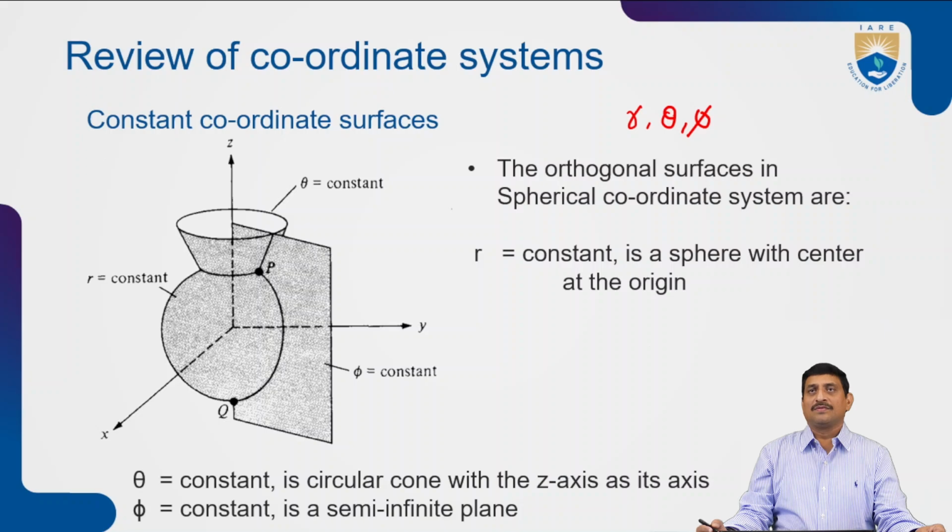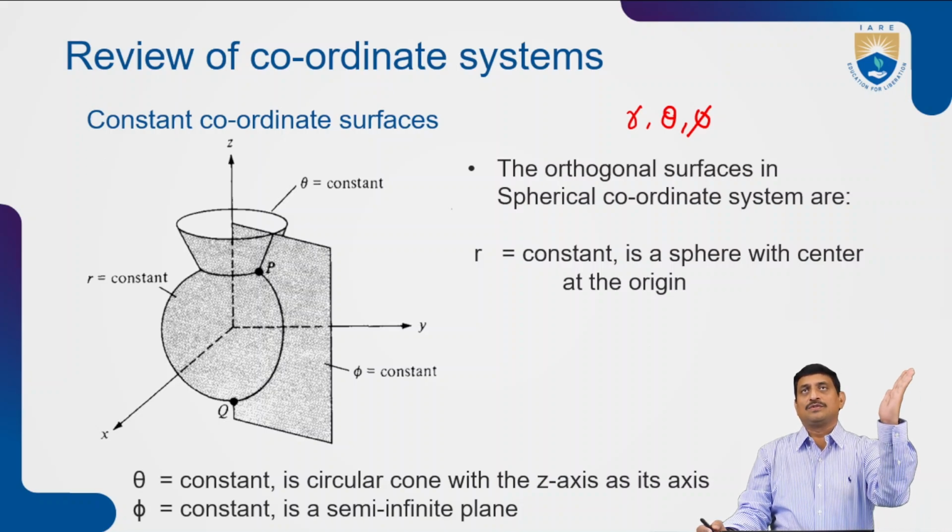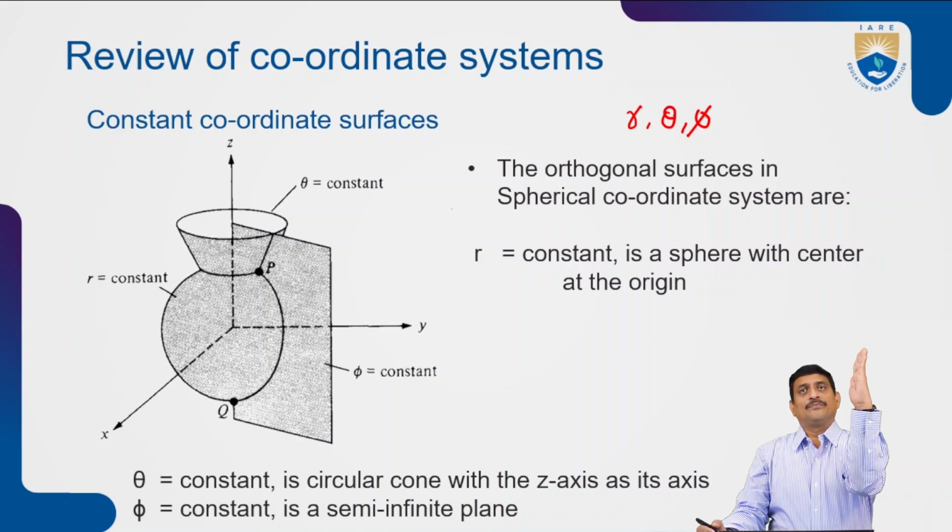Theta varies from 0 to pi; it is the elevation angle. With respect to the z-axis, theta is the angle it makes with the z-axis, varying from 0 to pi, whereas phi varies from 0 to 2 pi.